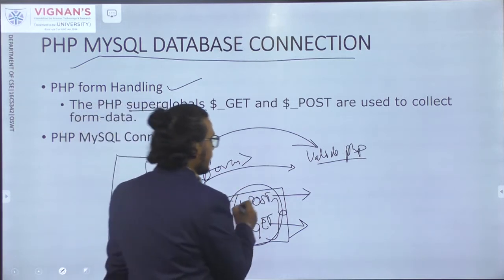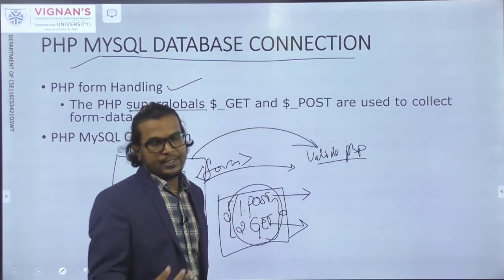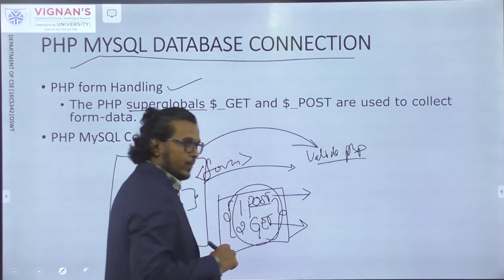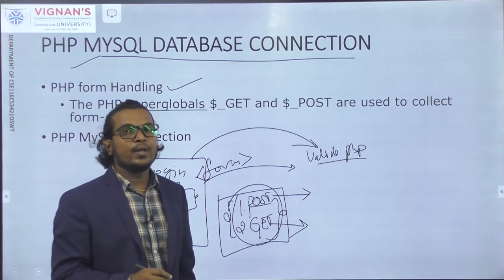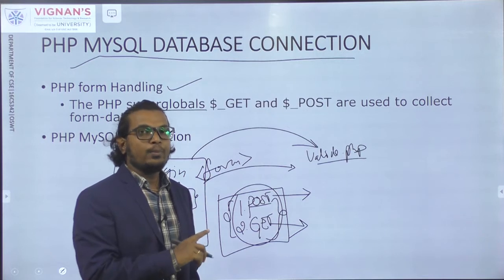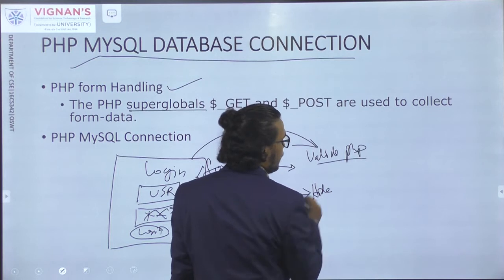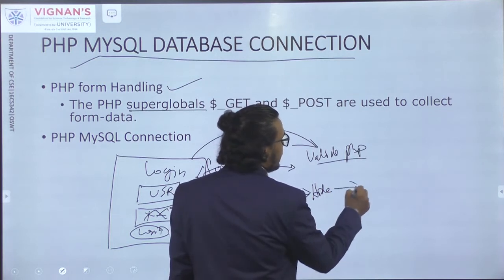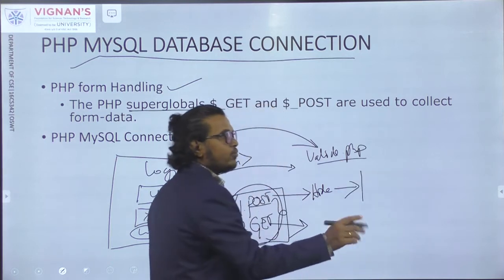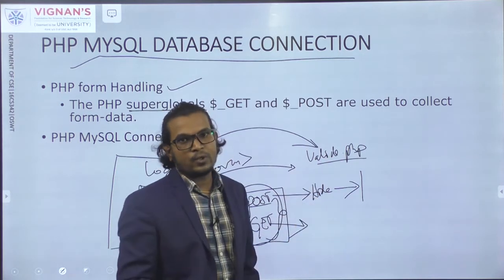The post method will post the information from one page to another page and it will hide all user information. That information will be revealed on the validate.php page. Wherever you are receiving that information, in that page only we can see it.